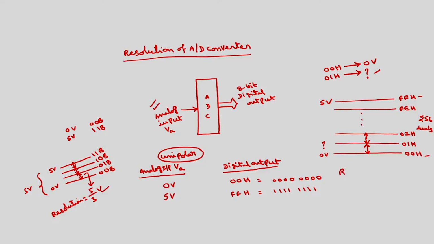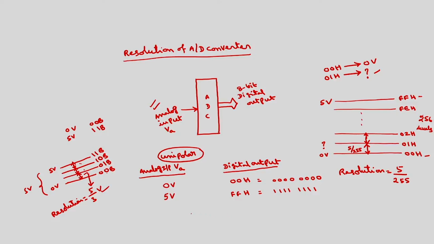So the resolution of this one is given by 5 volts divided by, we have 3 gaps here, whereas here we will have 255 gaps. This is the voltage which is required. This voltage is equal to 5 by 255 volts.